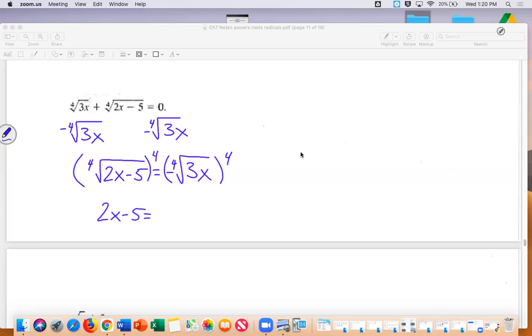But now, Maggie, I got one question for you. That negative outside, right? That gets raised to the fourth too, correct? So what is -1 to the fourth power? 1. And that's what you need to make sure you understand, that the power goes to numbers outside as well. So -1 to the fourth power is 1, and then the radicals just cancel.